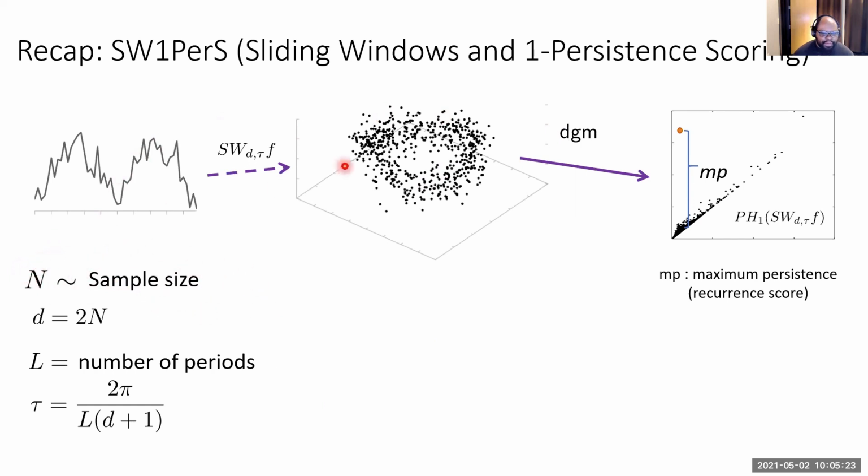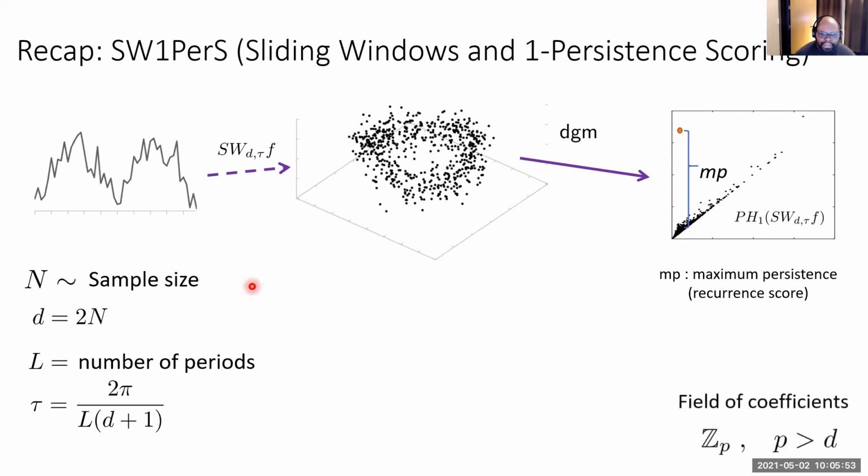If your function f has, say, n fundamental harmonics or very strong harmonics, then you want to make your d be 2n or at least 2n. And if L is the number of periods, then a good choice of tau is this quantity. This resembles a Nyquist sampling type of theorem, where you want your dimension to reflect twice the frequency content.